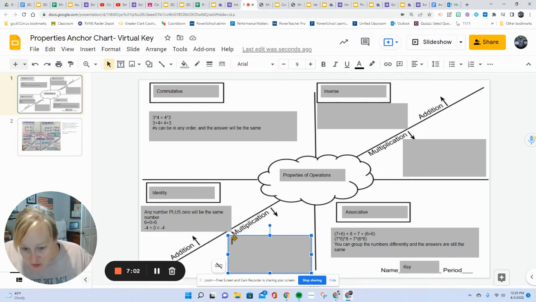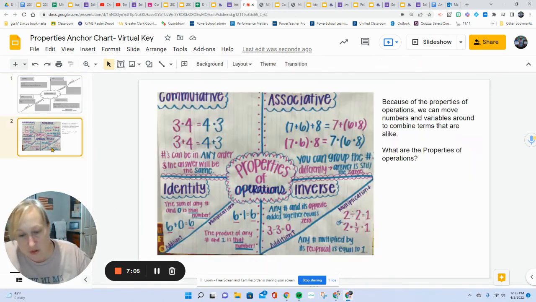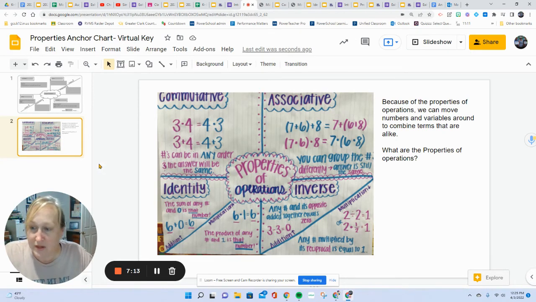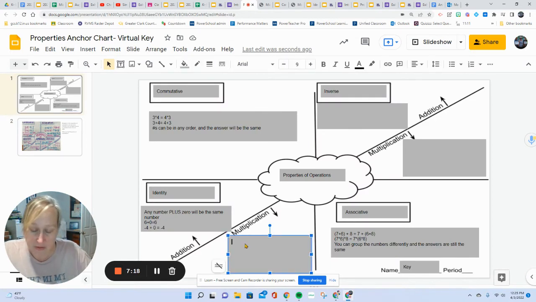Identity of multiplication is, I'm going to make sure I use their words, any number and its opposite. Nope, wrong thing. Multiplication. The product of any number and 1 is that number. So the product, which means multiply, of any number and 1 is that number.